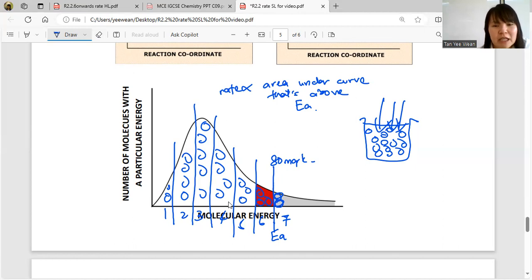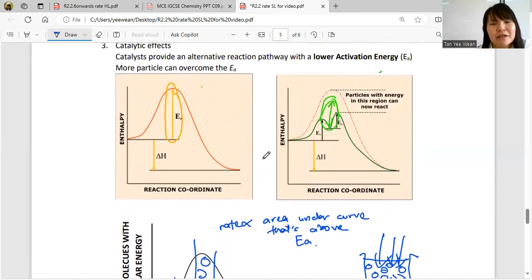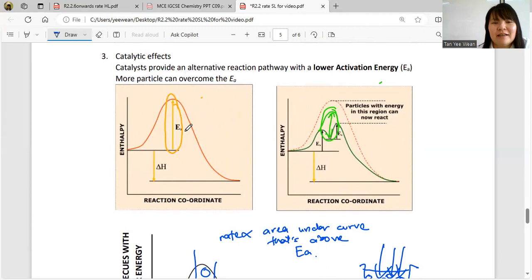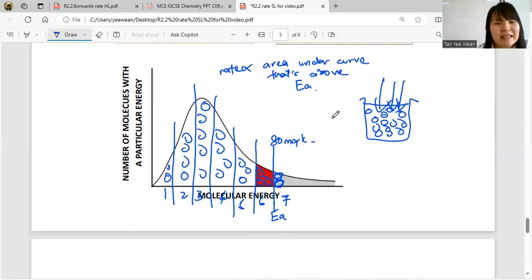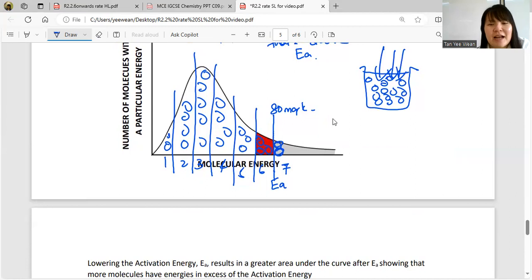They get 7. So what does a catalyst do? Rewind back to just now. A catalyst reduces the activation energy. So from 80, maybe now the activation energy is 60. Let's say I reduce the activation energy to 60 marks. So more students.